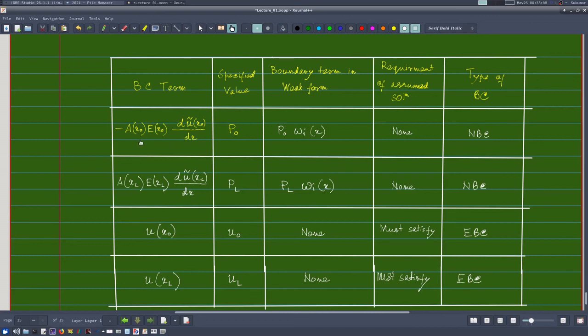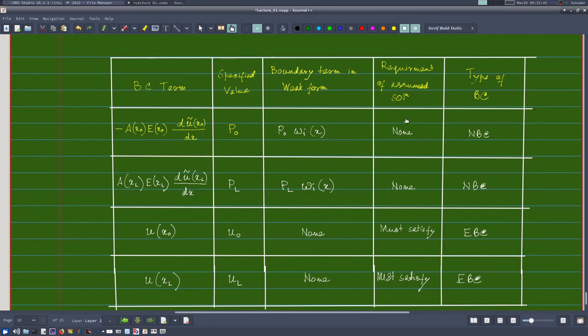First, let us consider a forced boundary condition at the left hand end of the bar. As you know, because a positive force will be in the negative direction of the axis, this is a negative term, minus A at x naught, E at x naught into du tilde at x dx at x naught is my P naught, and the boundary term in the weak form will be that value multiplied by the weight functions.